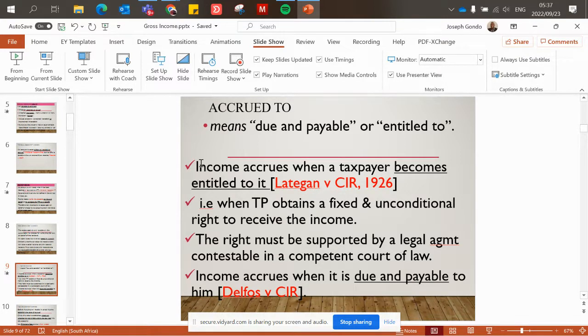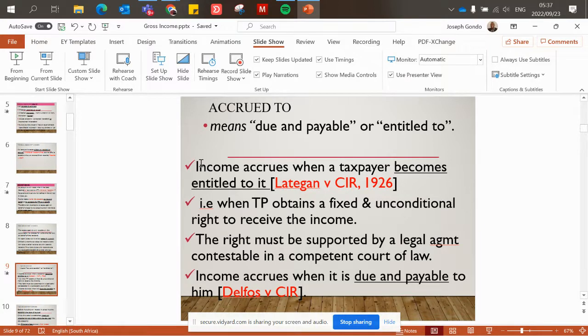and this was decided in the case of Nitt-Gritt versus CR in 1926. What does it mean to say you have become entitled to the amount? It means you have obtained an unconditional right to receive the income.